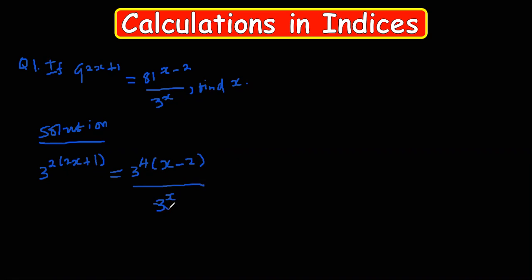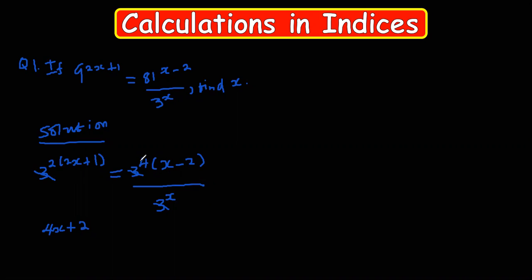So here all these bases take care of themselves, so they are gone. We are going to open the brackets now. 2 times 2x, we should have 4x. 2 times plus 1, we should have 2.